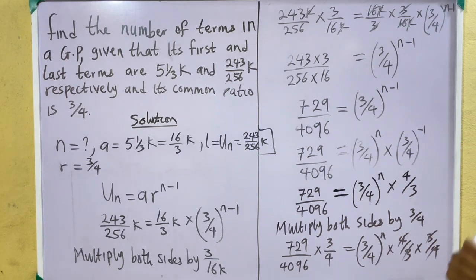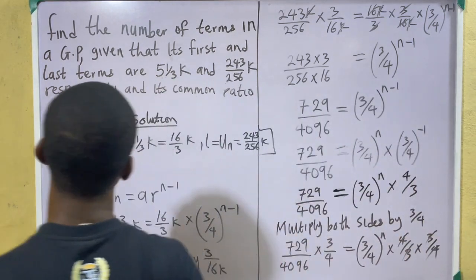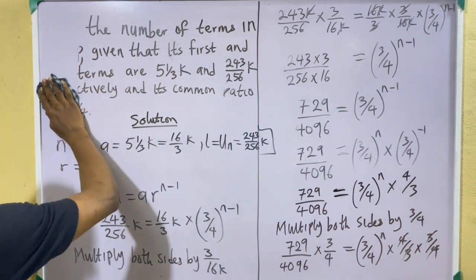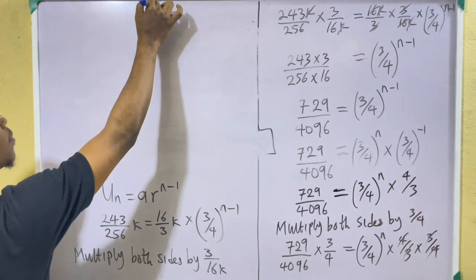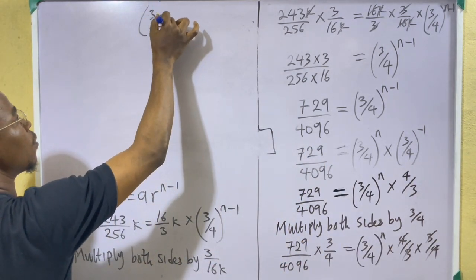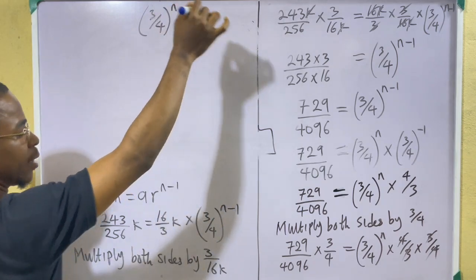This will cancel out. Please, I'm trying to break down the steps for some of us that are having problems with our basic maths operations. So what is left on this side? We have 3 over 4 raised to power n.